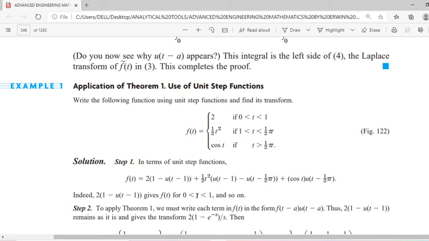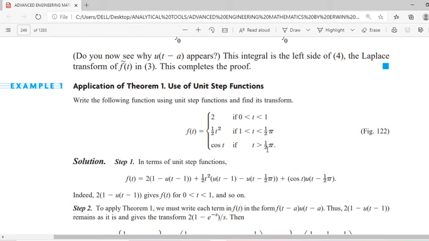Note that 2 into (1 minus u of t minus 1) gives f of t for 0 less than t less than 1. When t is between 0 and 1, this function will be only 2, and the other u terms will be 0, because u will be 1 only after pi by 2 for one term, and u will be 1 only after 1 for the other.